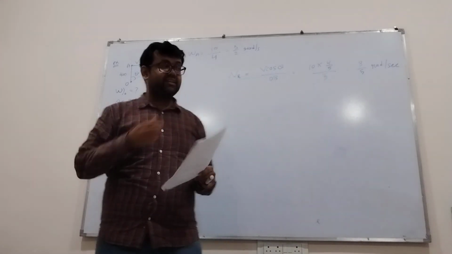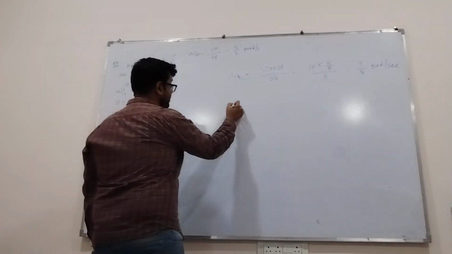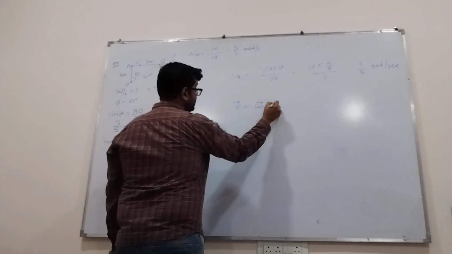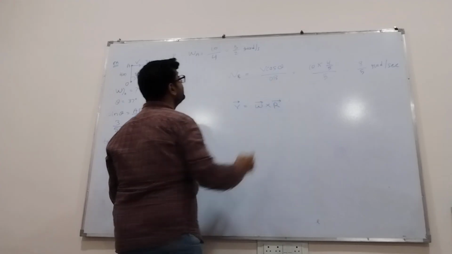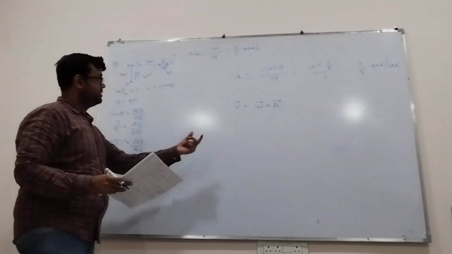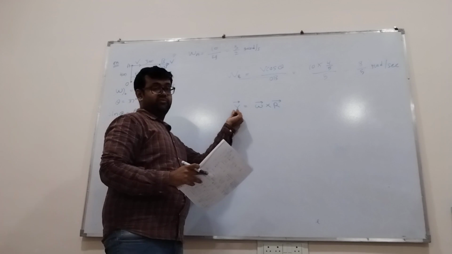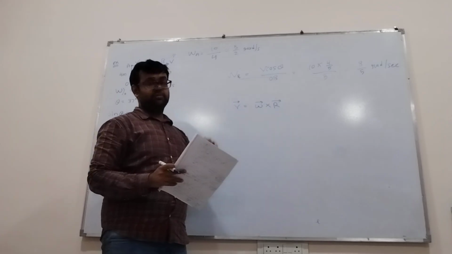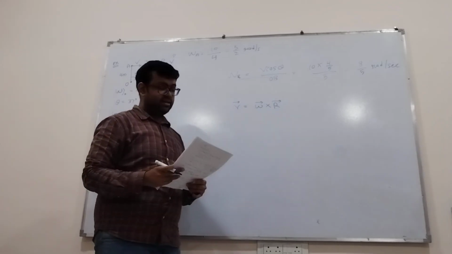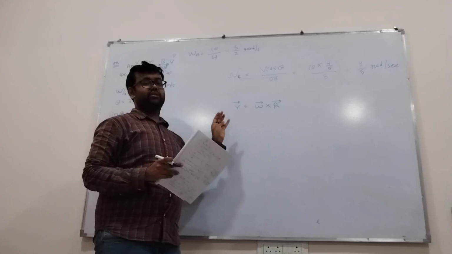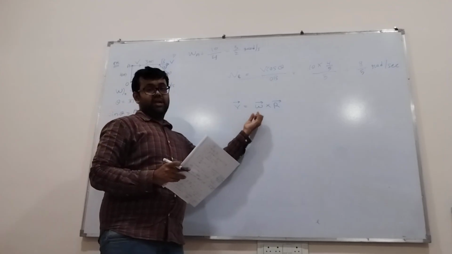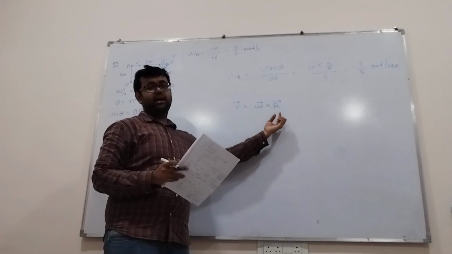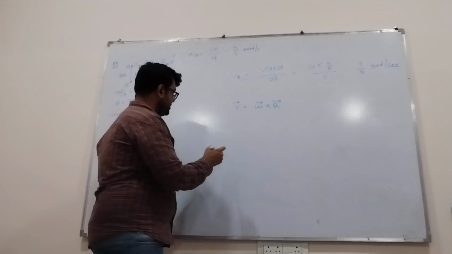So if we write this equation in the vector form, we have to write like this: v equal to omega cross r. Okay, v equal to omega cross r. You can also find the direction of the velocity if the value of the omega and r is given to you.